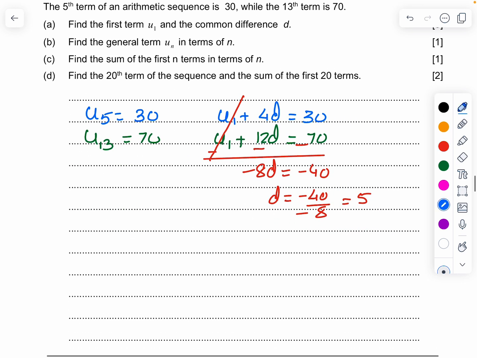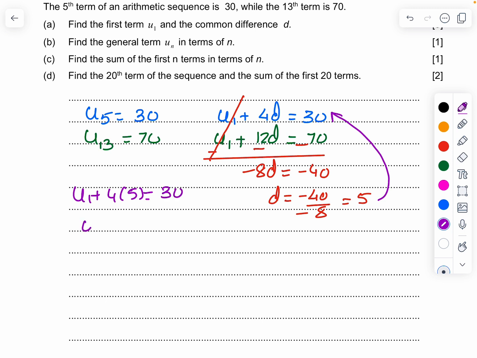What am I going to do? I am going to plug this into the first equation. So u1 plus 4 times 5 equals 30, u1 plus 20 equals 30. So u1 equals 30 minus 20, which is 10.